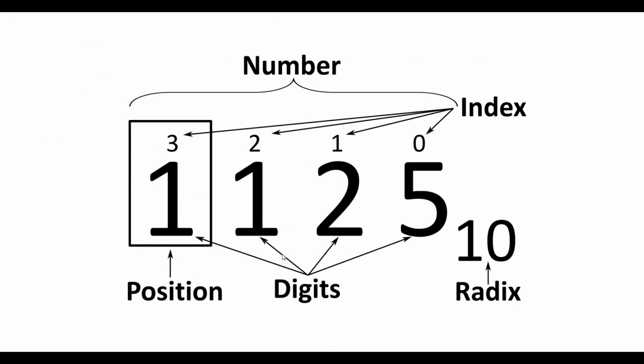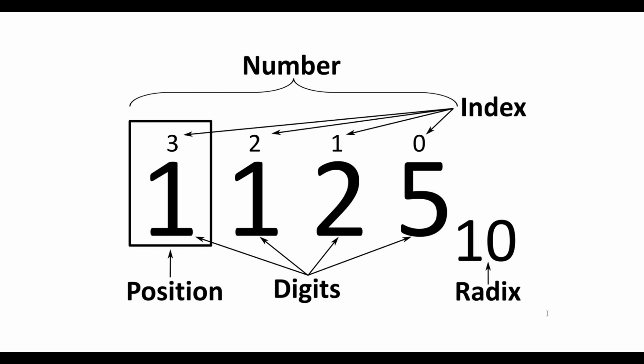Here you are seeing an image, right? 3210. These are the indexes, positions, digits, radix. Did you understand anything from this? You are remembering your BTech days, right? There we learnt about digital things, from there we have octal numbers, decimal numbers and hexadecimal numbers.